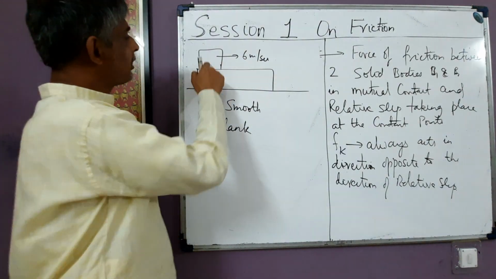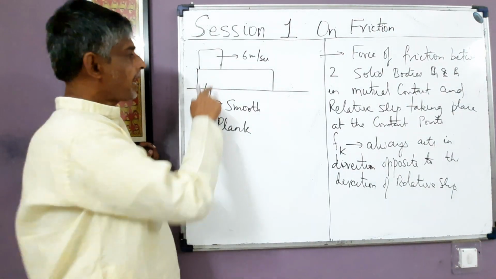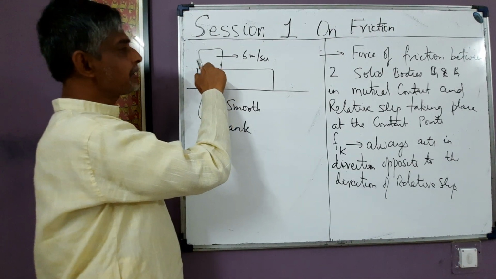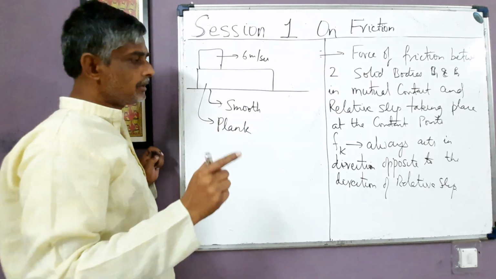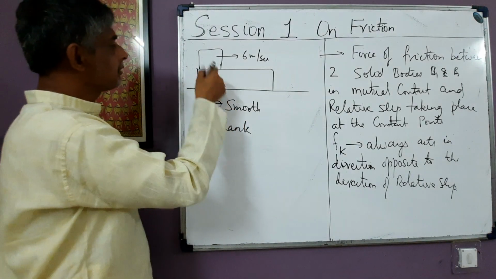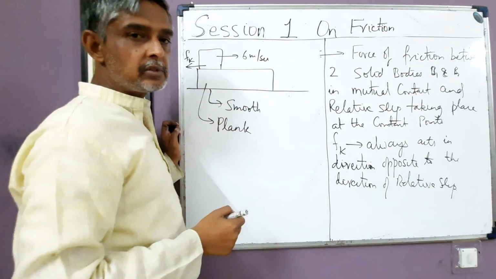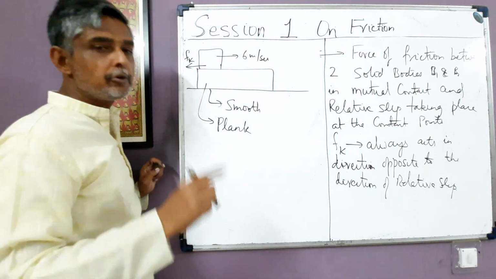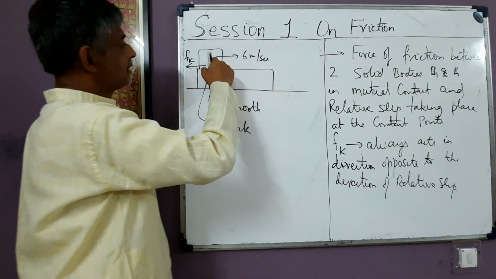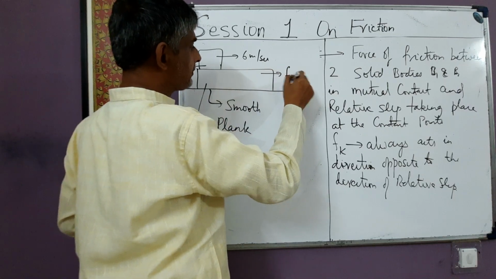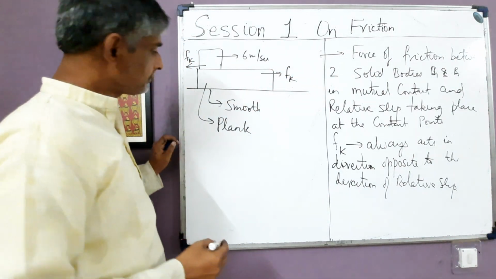So you see here, this block and plank are in mutual contact, and with respect to the plank, the block is initially slipping rightward. So by the rule of kinetic friction, the plank will exert a kinetic friction Fk on the block in the direction opposite to relative slip, that is, in leftward direction. And by Newton's third law, this block will exert equal and opposite kinetic friction Fk on the plank in rightward direction.